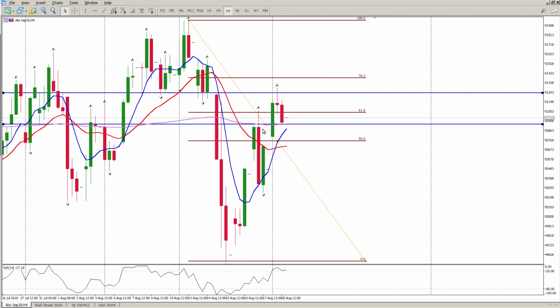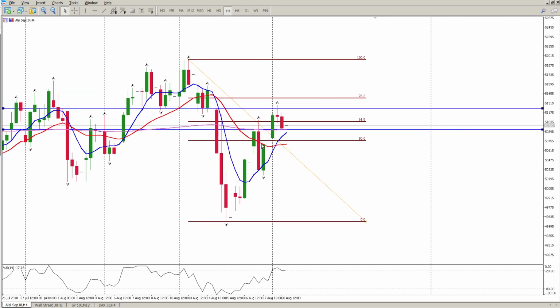So the one scenario is that this series of higher high, lower low, higher high, lower low, higher high continues. In other words, we keep the zigzagging motion to the upside and come and challenge the previous highs.